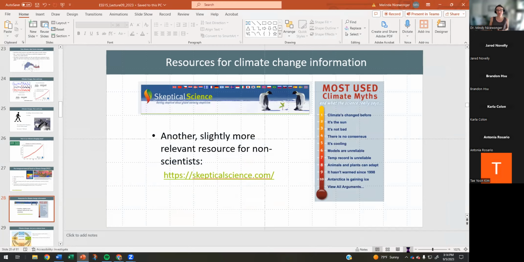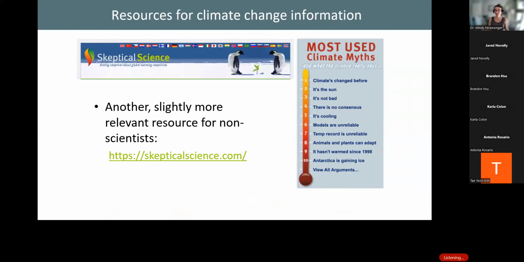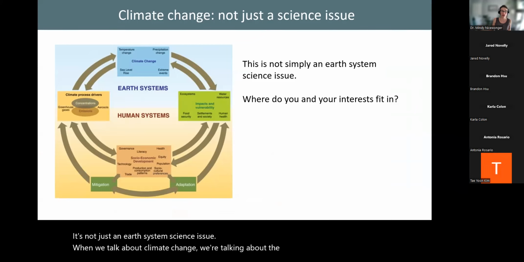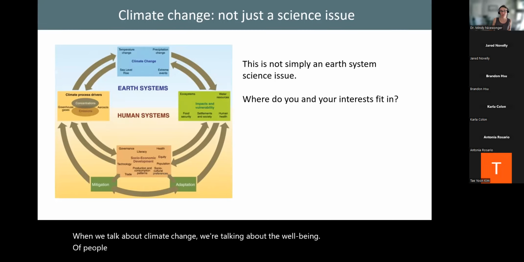But just keep that in mind, right? There's people getting rich still off the back of our planet and the lives of other people. Okay, so climate change, it's not just a science issue. And it's not just an Earth system science issue. When we talk about climate change, we're talking about the well-being of people.